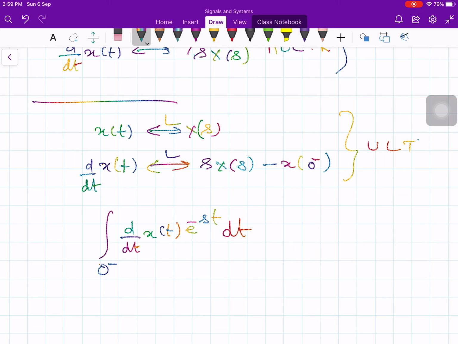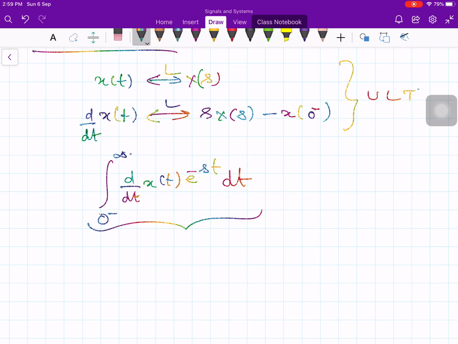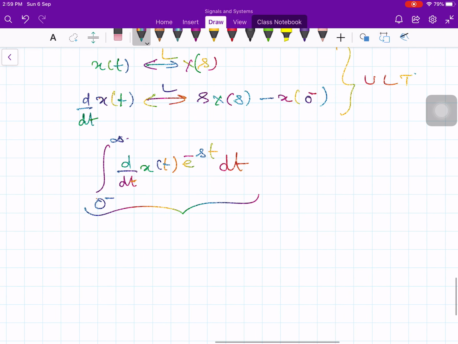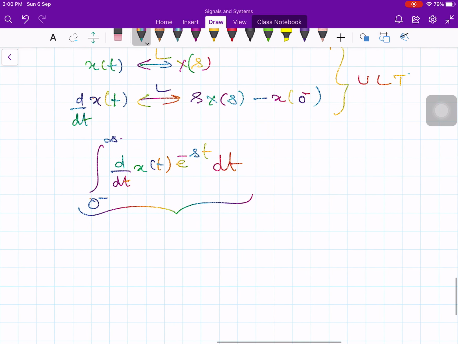This would be the Laplace transform of the derivative of the function x of t. Now this can be integrated by parts, the u dv method: u dv is equal to uv minus the integral of v du.